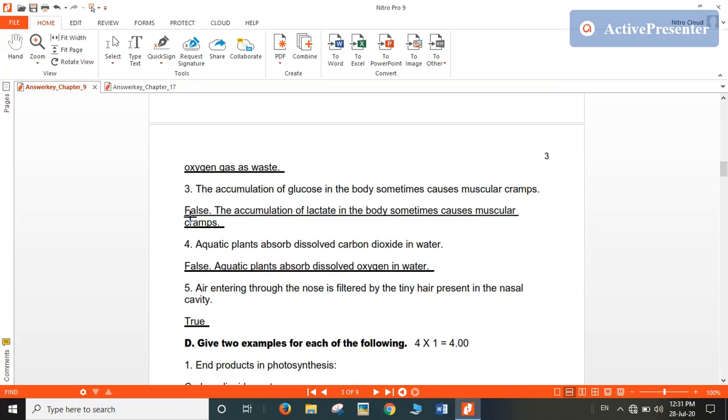The next: the accumulation of glucose in the body sometimes causes muscular cramps. No, the statement is also false. Why? Because the accumulation of lactate in the body sometimes causes muscular cramps, not glucose. So this statement is false.